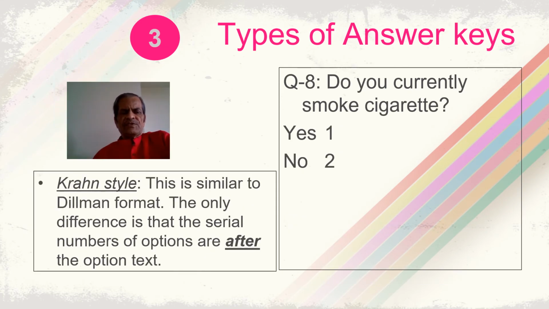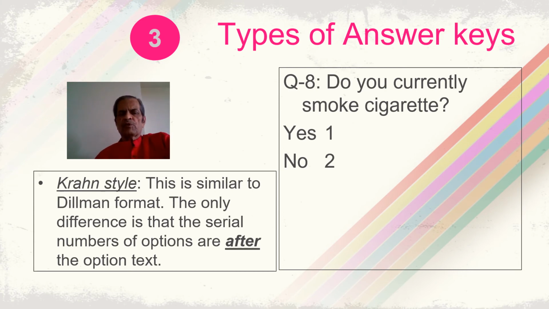The Kranz type of answer key is similar to the Dillman's format, and the only difference is that the serial numbers of the options are after the text of the option. In the previous one, code 1 was before the option yes, and code 2 was before the option no. Here the codes appear after the text of the specific response.